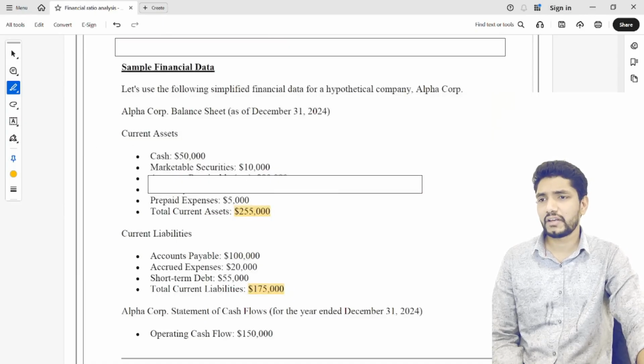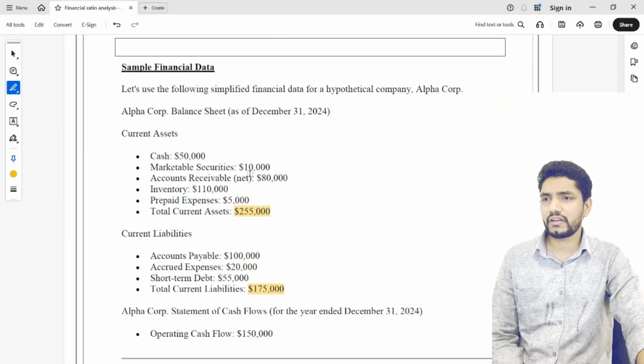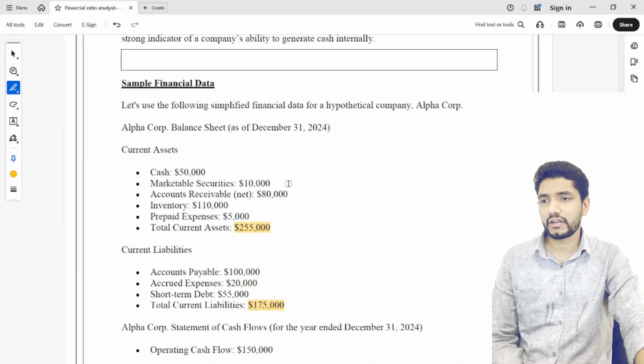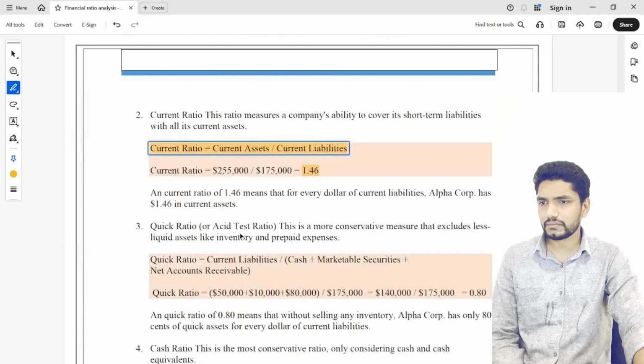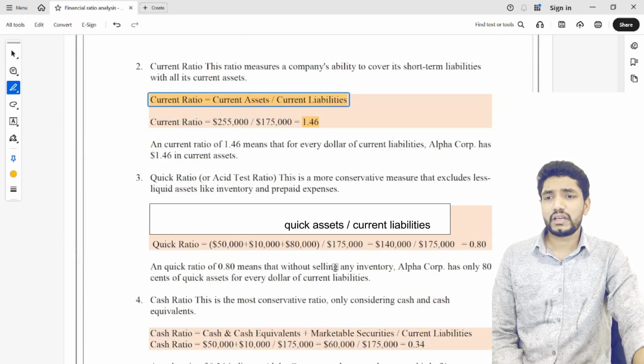Cash is a quick asset. Marketable securities are quick assets. Accounts receivable are also quick assets. But we have to remove inventory and prepaid expenses to get the quick assets from the current assets. So in this case, cash plus marketable securities plus accounts receivable are the quick assets. So 140,000 is the quick assets.